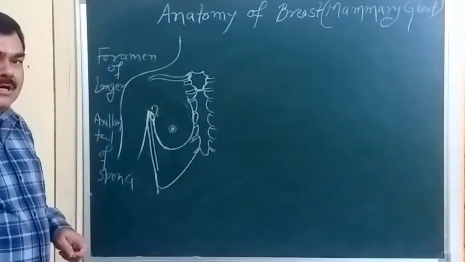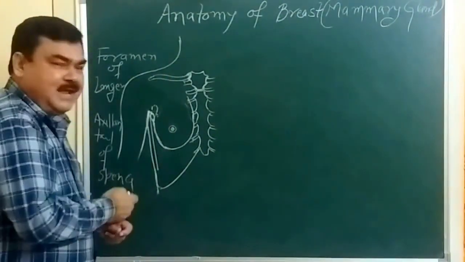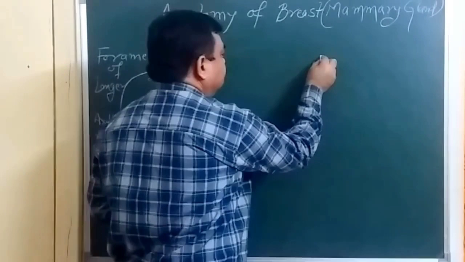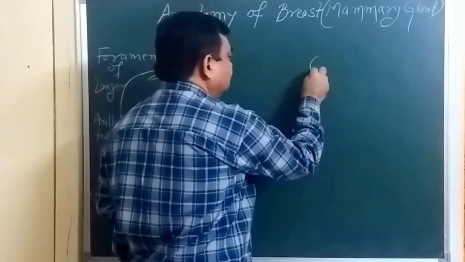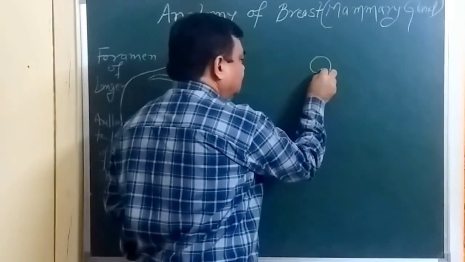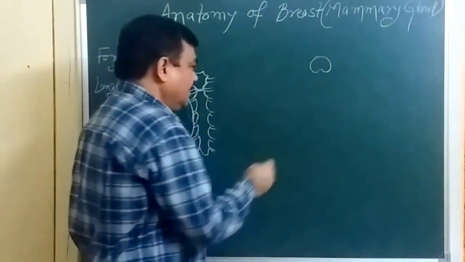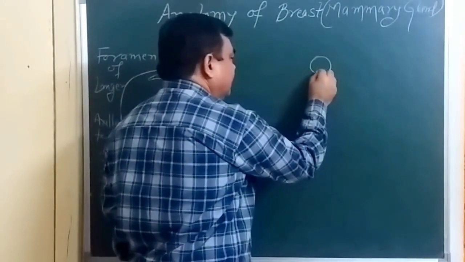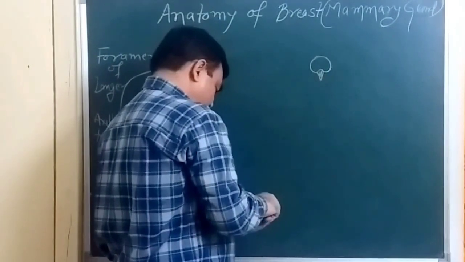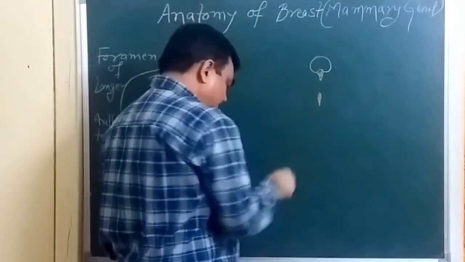If you cut a section in the parasagittal plane, you will find the clavicle, here is the subclavius muscle, then the pectoralis minor.